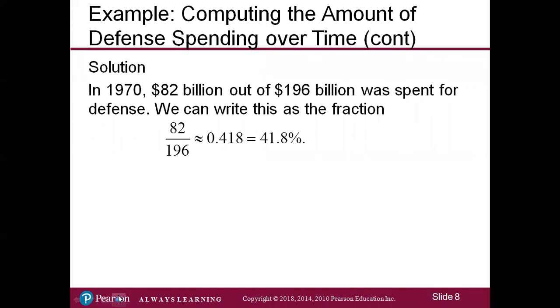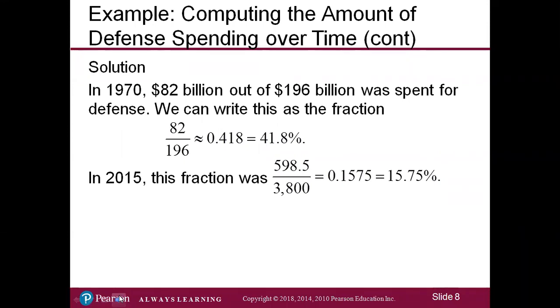Solution. In 1970, $82 billion out of $196 billion was spent for defense. We can write this as the fraction 82 out of 196, which is approximately 0.418, or 41.8%.